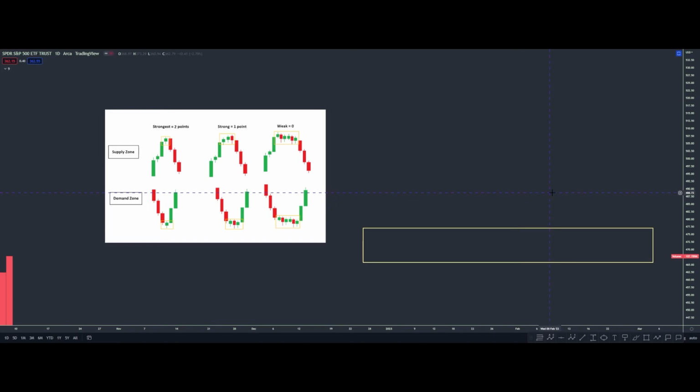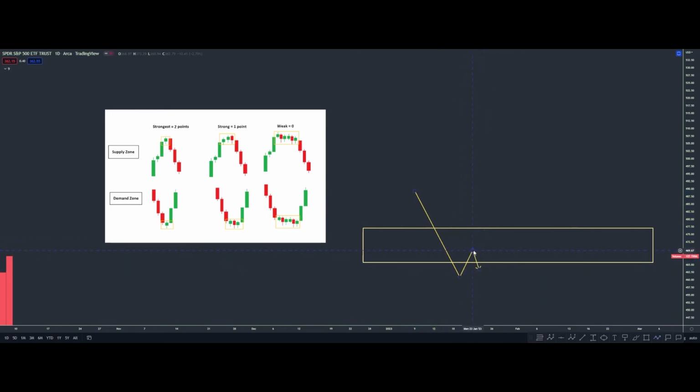I also love to play zone breaks where, like I just drew, maybe a demand zone is broken and flips into supply. I love to play a zone retest where something breaks down. Let me illustrate this. Something breaks down through demand, it retests and rejects.